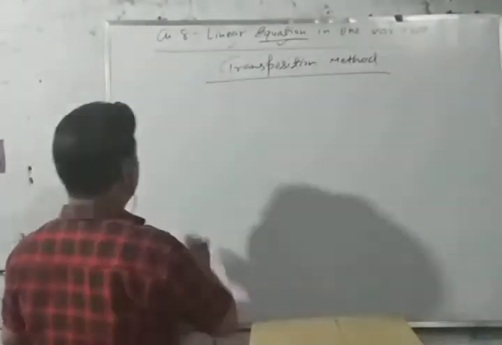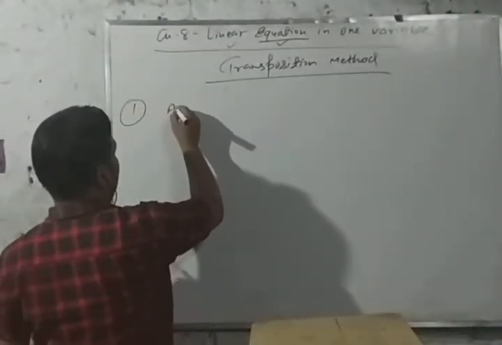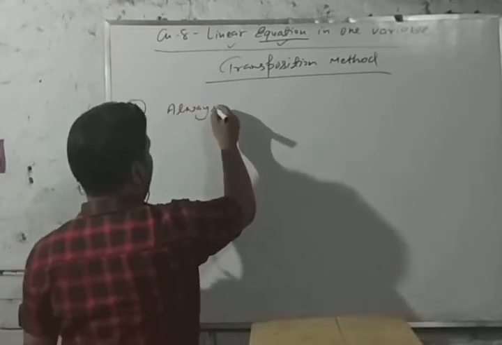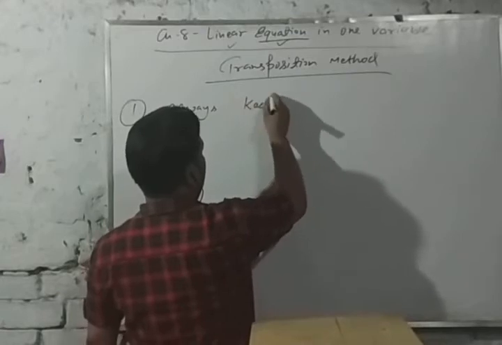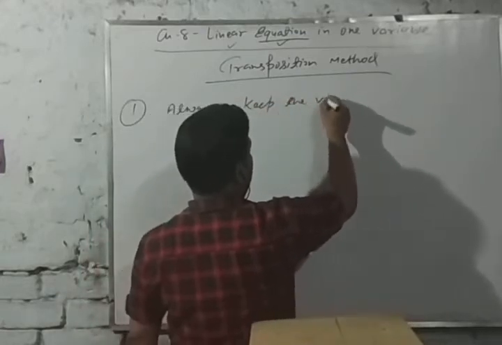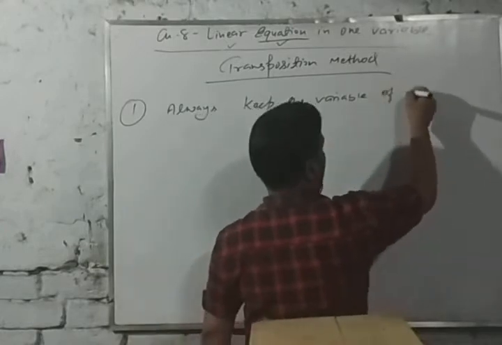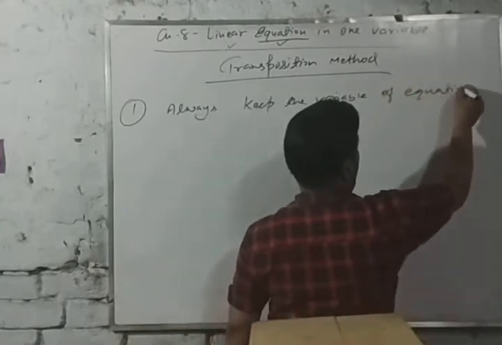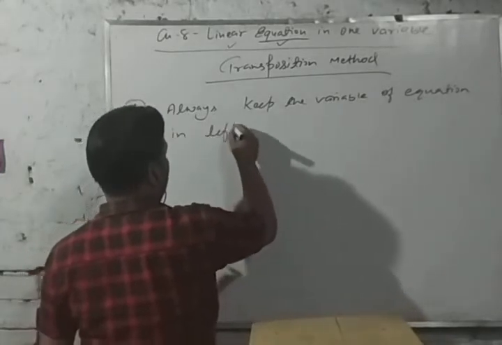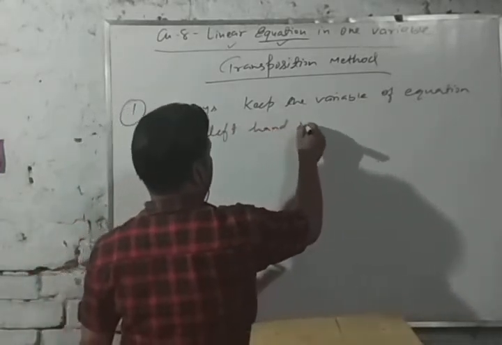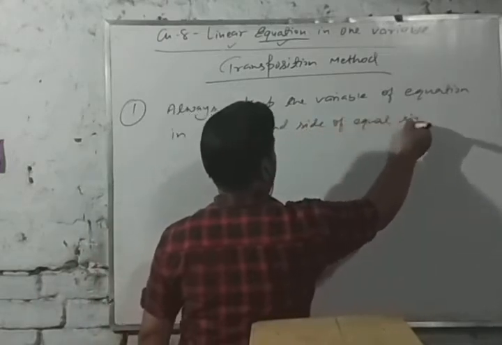Let's see at first. The first step: always keep the variable of the equation on the left hand side of the equal sign.